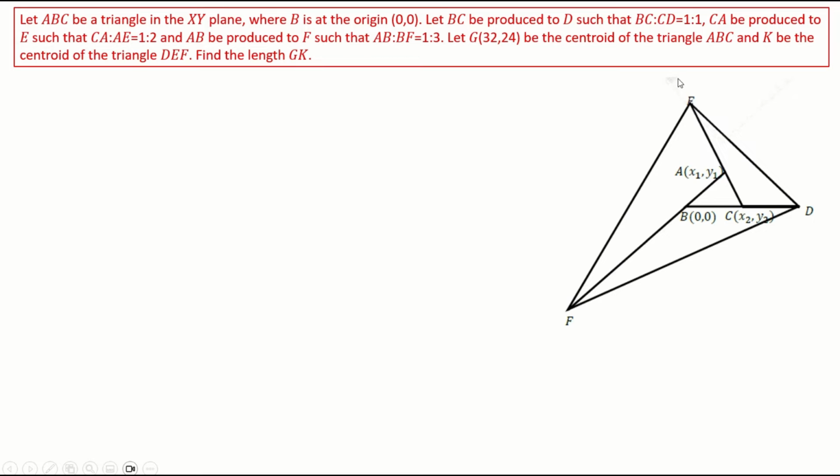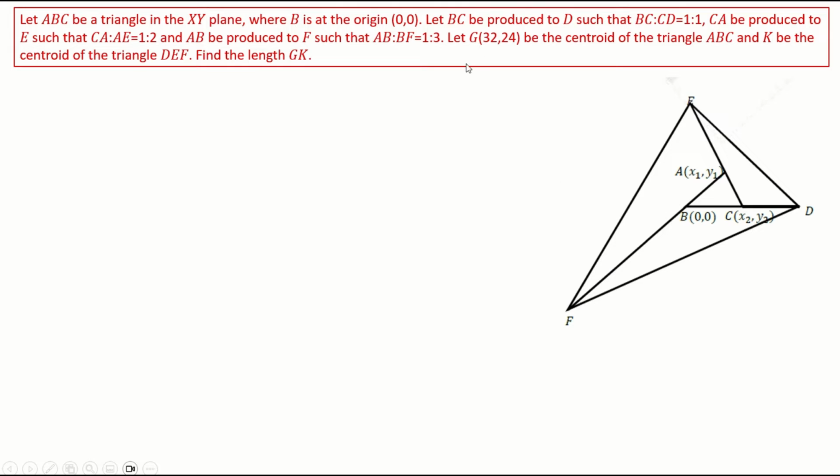CA is produced to E such that CA is to AE is 1 is to 2. So this is 1x, this is 2x. AB is produced to F such that AB is x, then this is 3x.